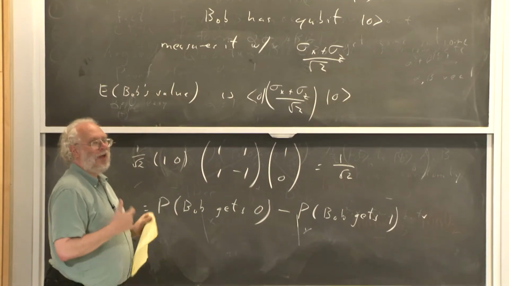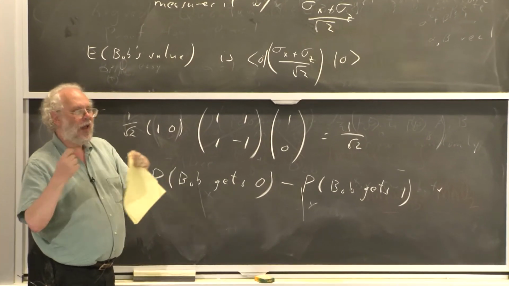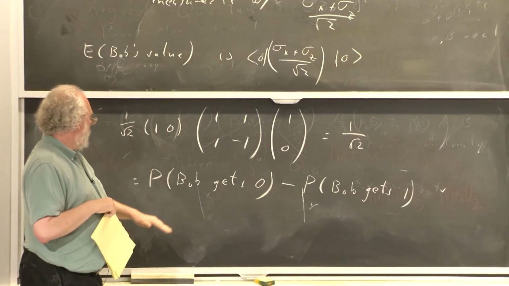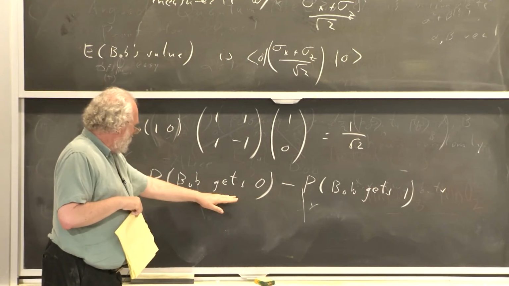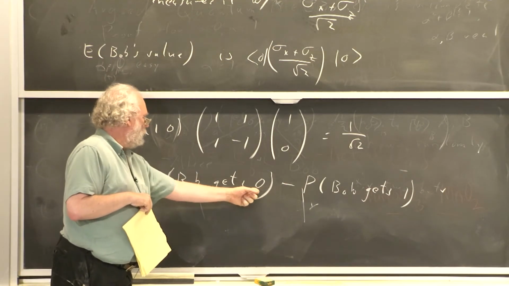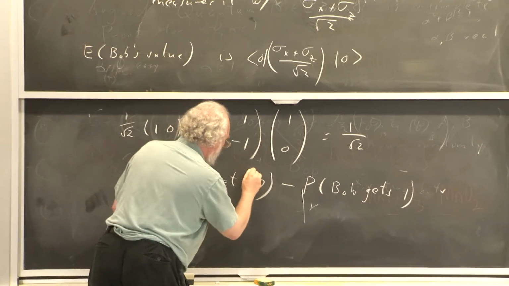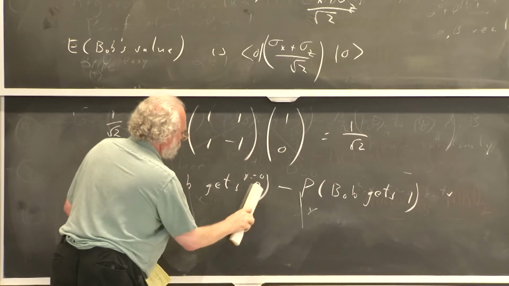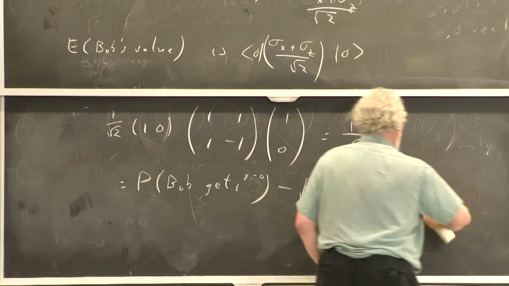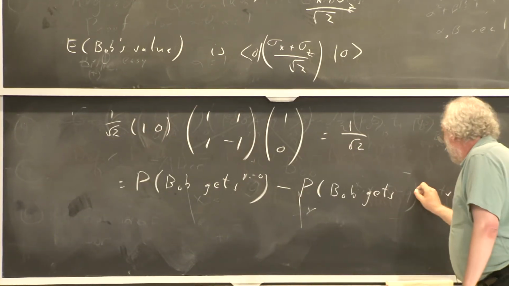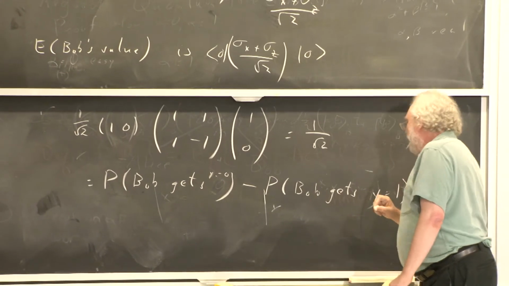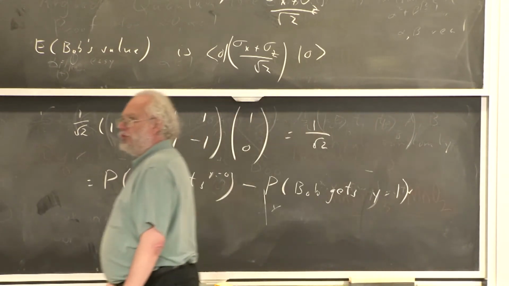And this observable has 2 eigenvalues, 1 and -1. And the 1 eigenvalue corresponds to Bob getting a 0, or getting y equals 0. And the -1 eigenvalue corresponds to the probability that Bob gets y equals 1.